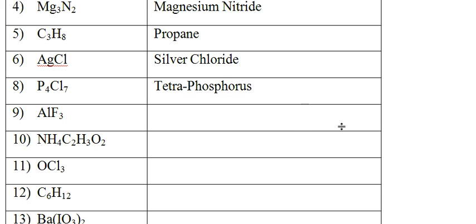Alright, so tetraphosphorus, and again, we don't drop anything at the end there. And then we have 7 chlorines. So 7 is hepta. You may hyphenate or you don't have to. Except we're not going to call it just chlorine, but we're going to drop the -ine and put -ide. So P4Cl7 is tetraphosphorus heptachloride.